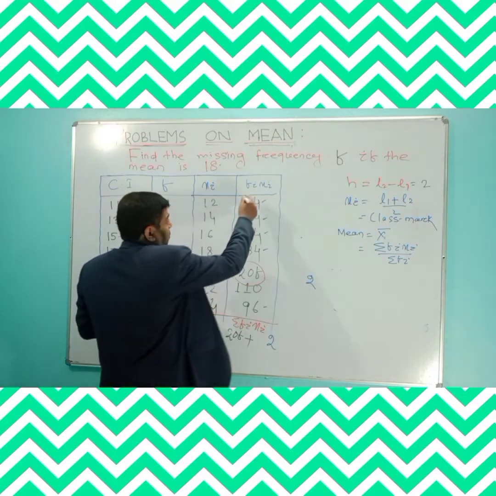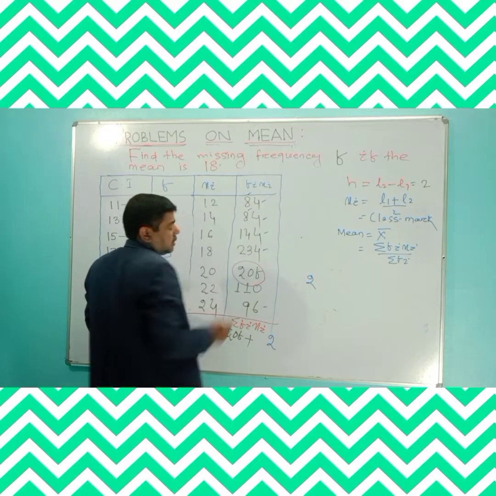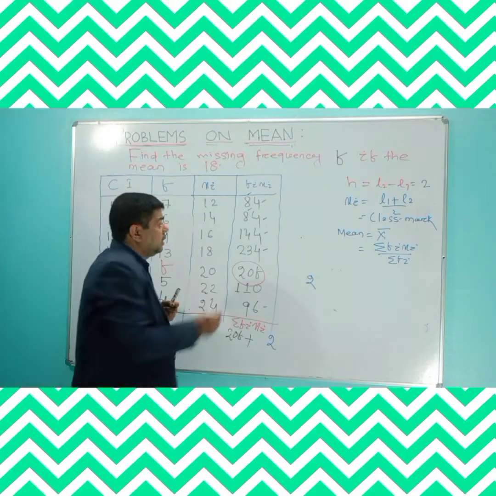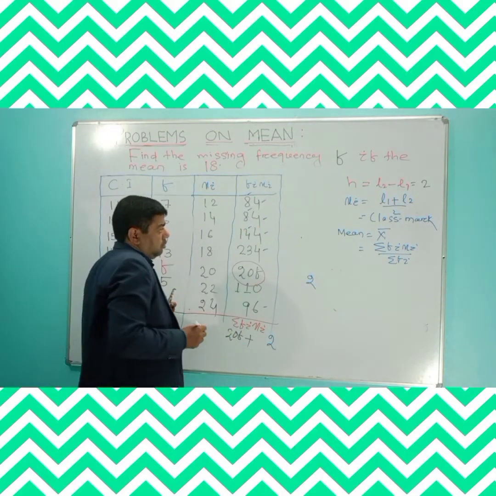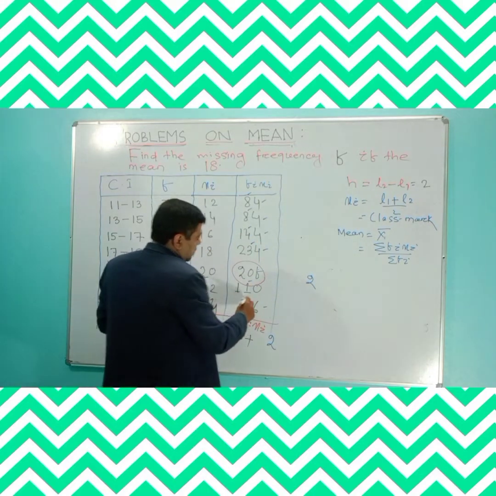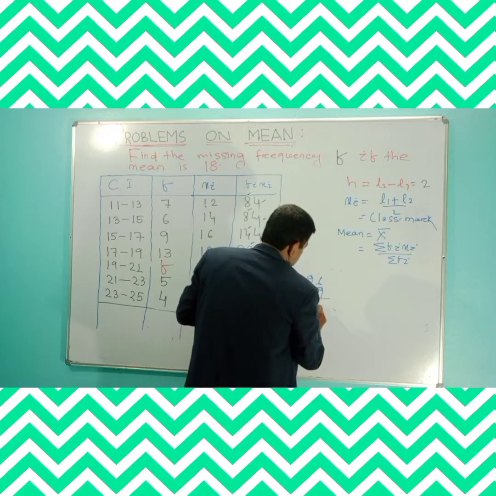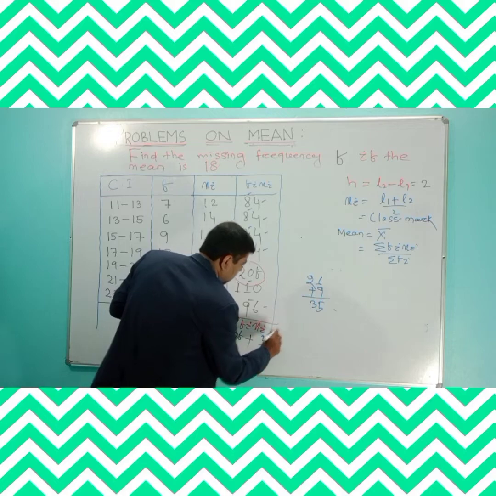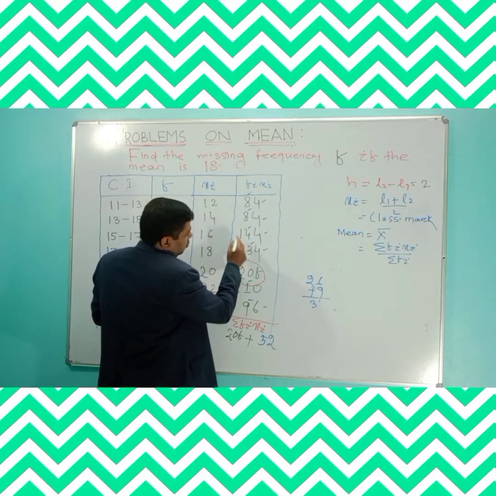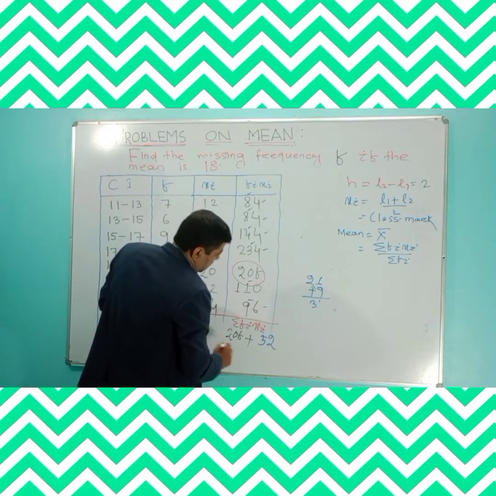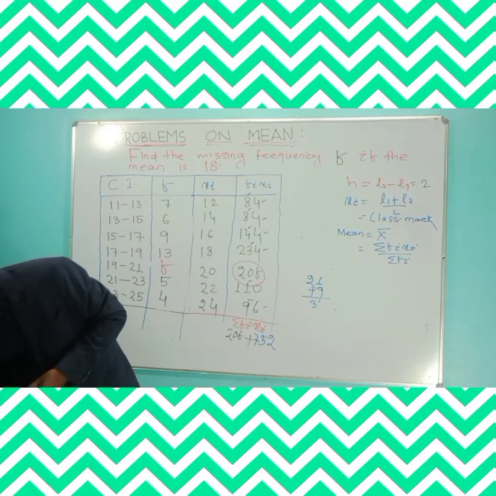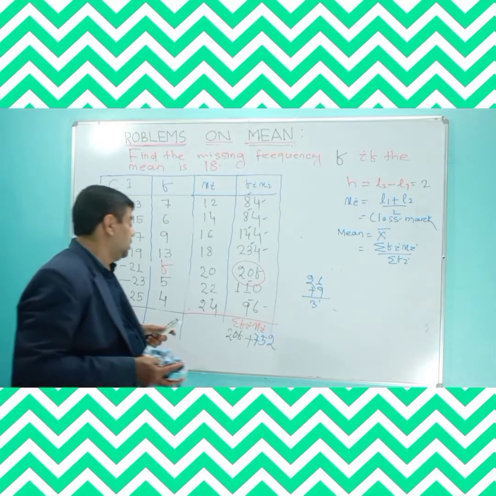Then 8 plus 2 is 10, 10 plus 8 is 18, 18 plus 4 is 22, 22 plus 3 is 25, 25 plus 1 is 26, 26 plus 9 is 35. Write 5, carry 3. Understand or not? Then 3 plus 1 is 4, 4 plus 2 is 6, 6 plus 1 is 7. So it is 752. Is it clear?